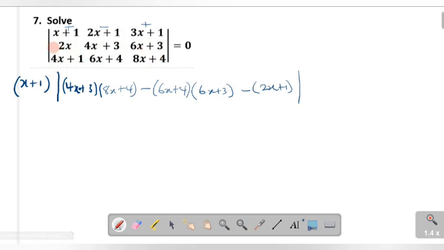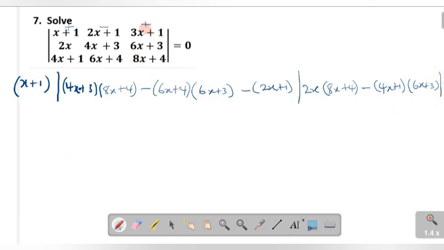So you multiply this by this, so I'm going to have 2x times 8x plus 4, minus, multiply this by this again, so I'm going to have 4x plus 1 times 6x plus 3, and we'll close it.